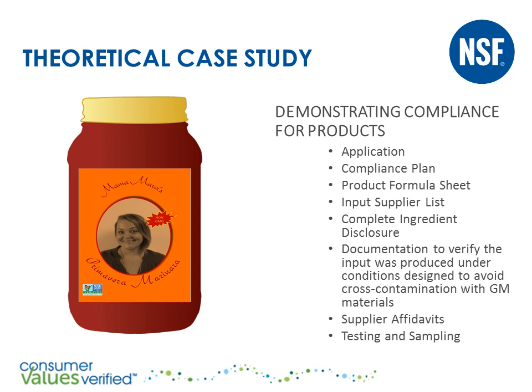So the initial application, the compliance plan, and the flow chart, as well as related SOPs have all been submitted. So let's take a closer look into the documents needed to demonstrate compliance for the products themselves, which would be the next step.